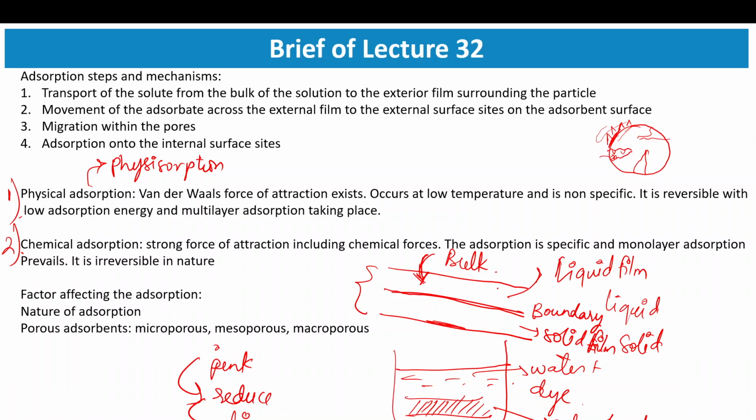Let's say this is the solid surface, and the solute will start sitting on the solid surface. Let's say the entire solid surface is covered, but the adsorption here is taking place through some weak force of attraction, which is van der Waals force, and you still have more solute in the medium. In that case, you can have the force of attraction between these two molecules as well, right?